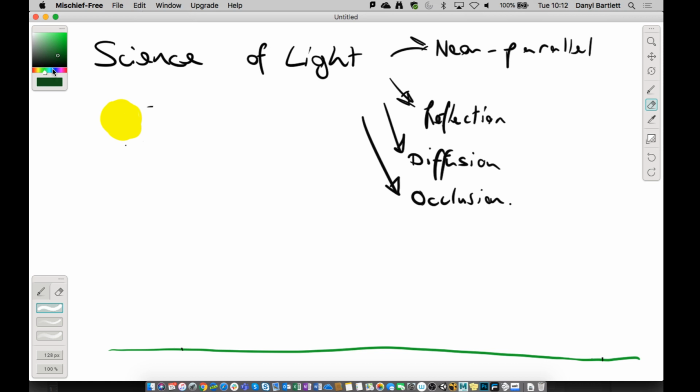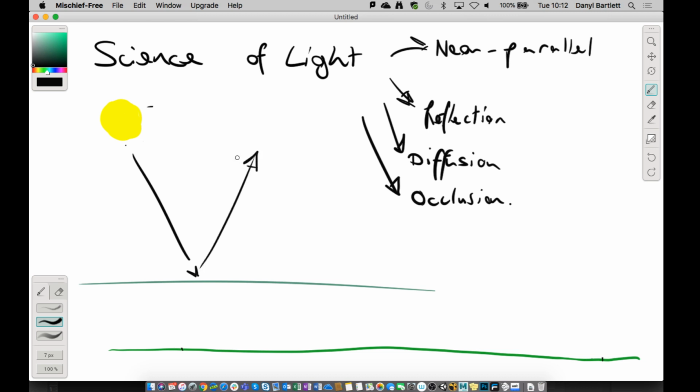So if we have a smooth surface, let's say something super smooth, or relatively smooth, like a sheet of glass. What's going to happen when the light hits it is the rays will come down here, and they will bounce straight back up like so.